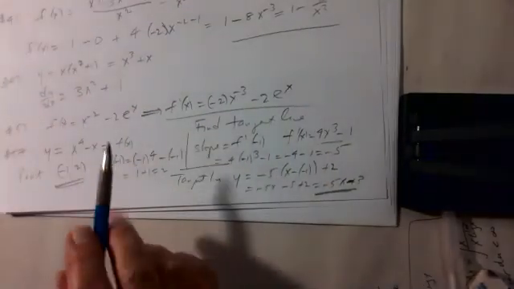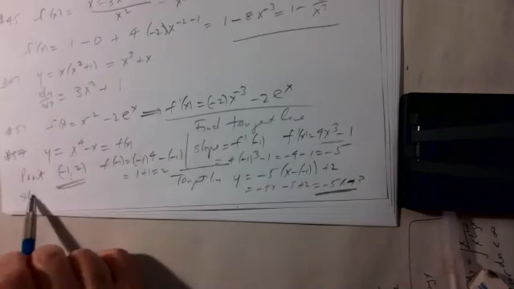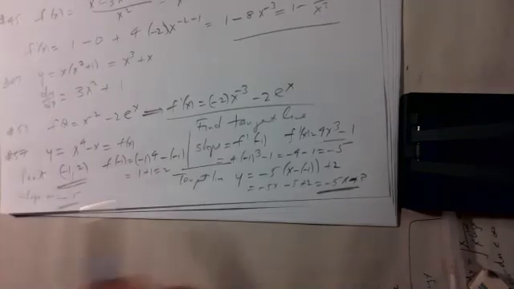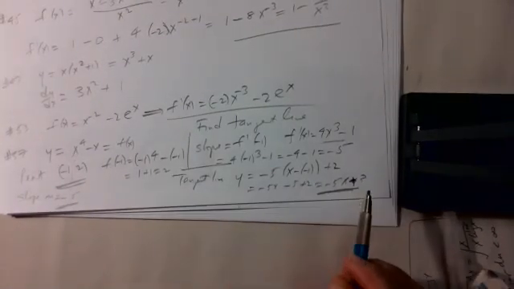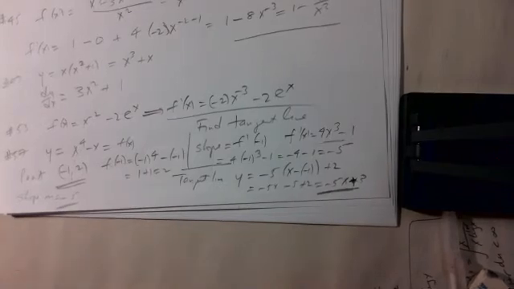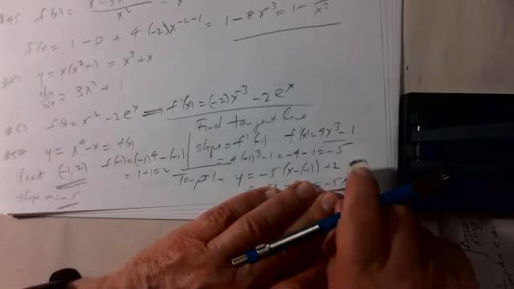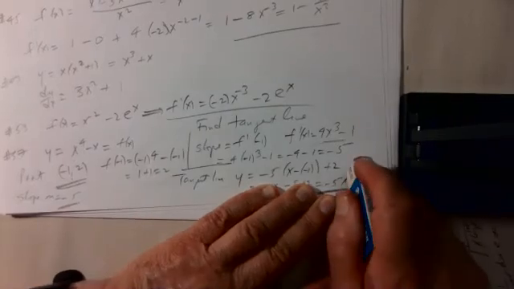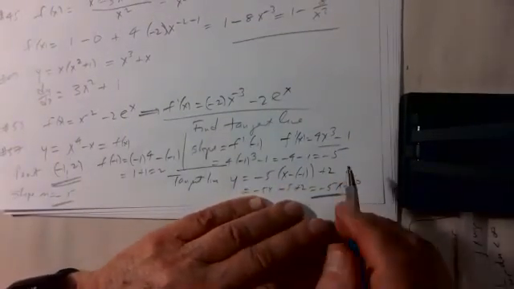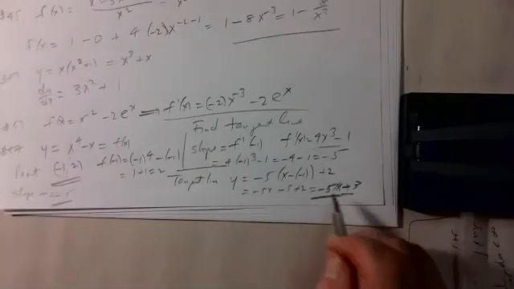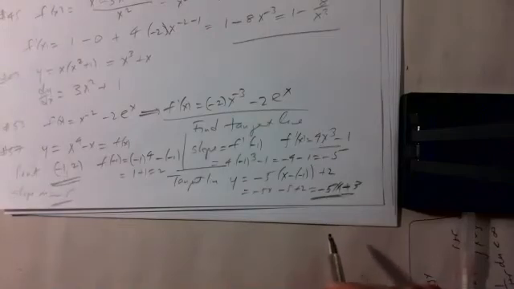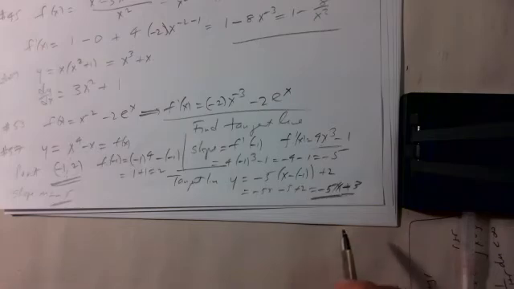So if you use the point slope formula, the line through this point with slope m equal to -5 is -5x minus 3. Questions about that?